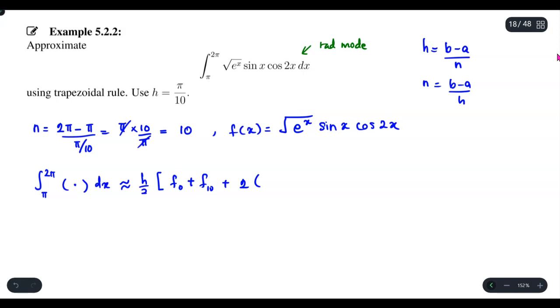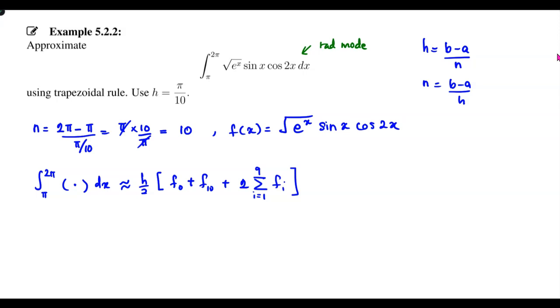So you have f1 plus f2, and so on up to f9, which can be written as the summation of fi, where i starts from 1 up to 9 only. These are the remaining f between f0 and f10. So that would be the trapezoidal rule, or trapezoidal formula, based on this example.